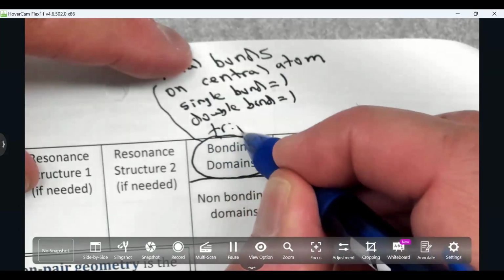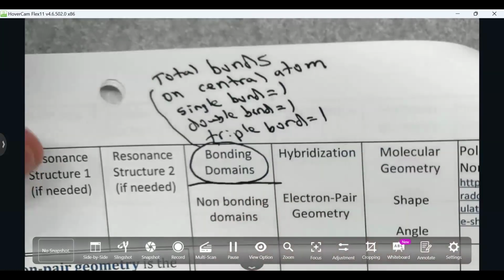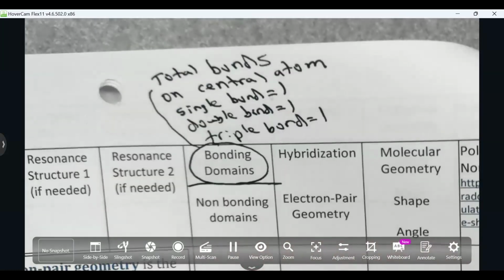It doesn't matter if it's a single, double, or triple bond, it only counts as 1 bonding domain.